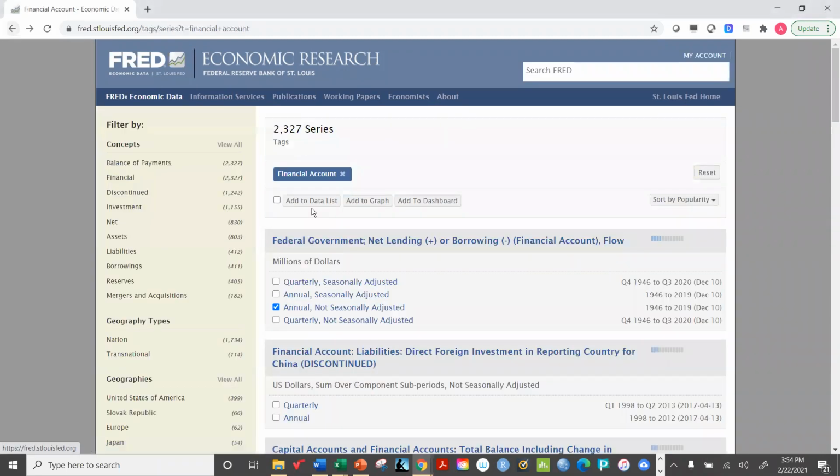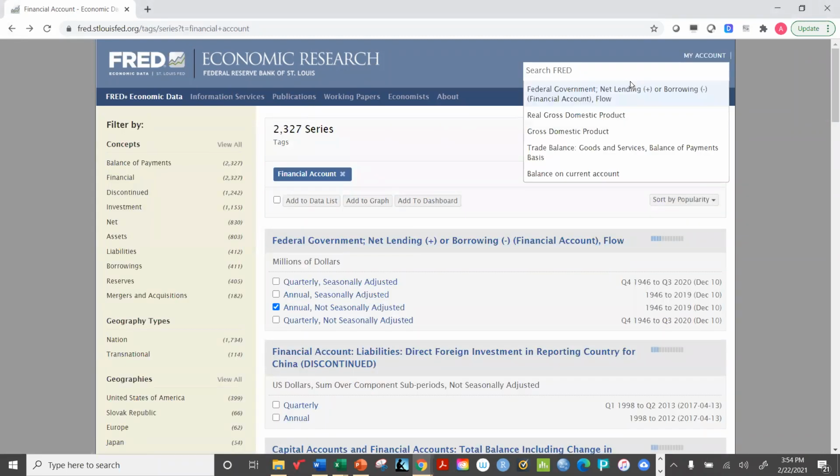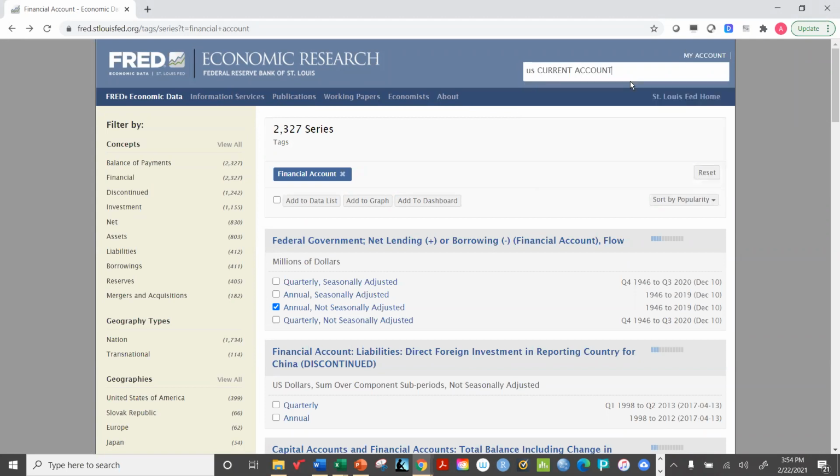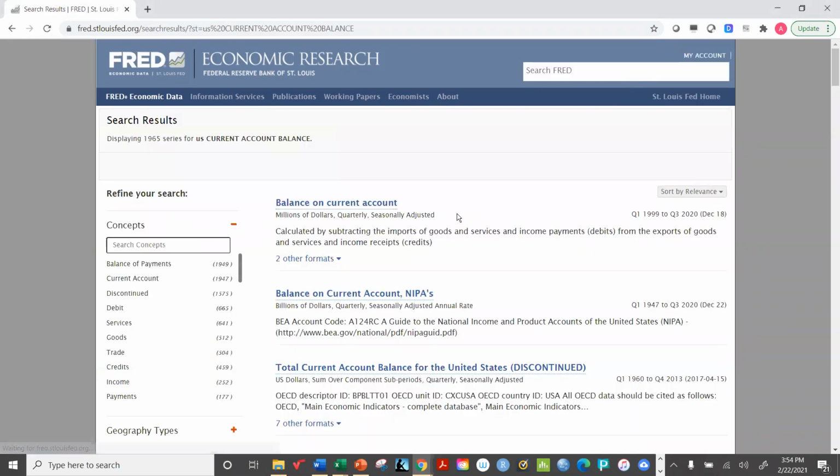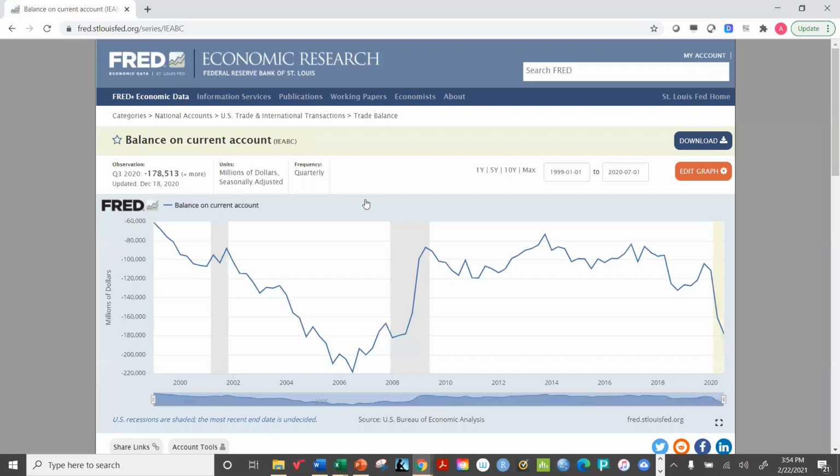Ouch. Let me just see something here. U.S. current account balance. This is quarterly, but still. I mean, the positive is up here somewhere.